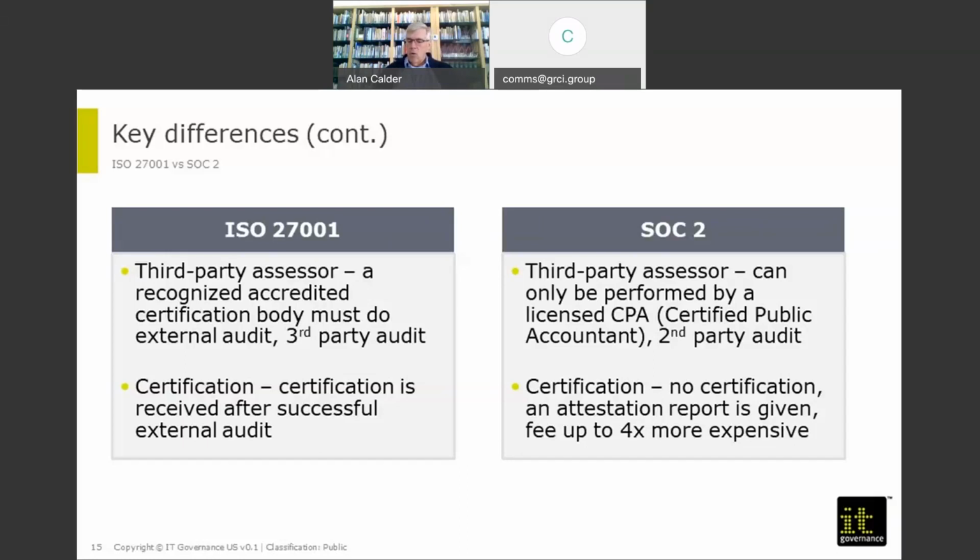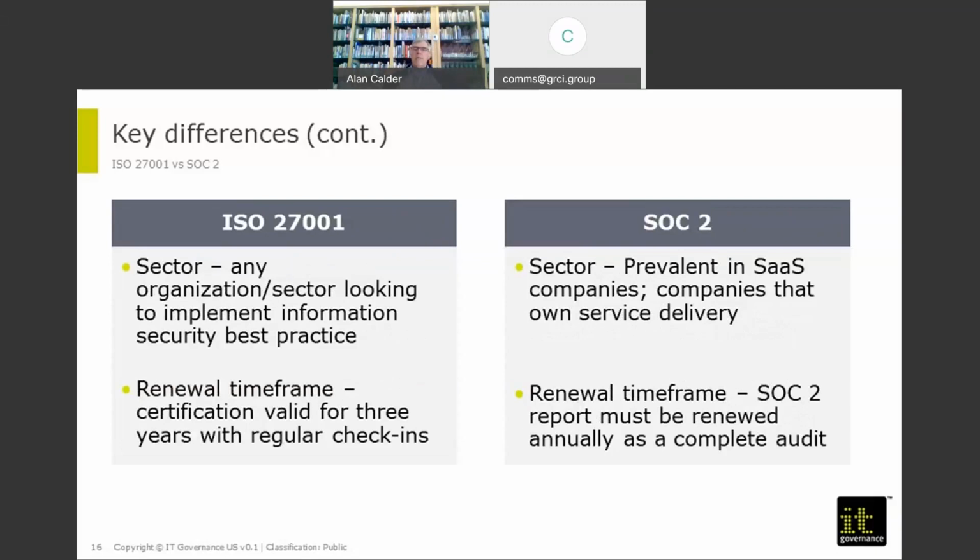With a CPA audit, you tend to be paying CPA fees. With an ISO 27001 audit, you tend to be paying fees for assessors. There tends to be quite a lot more competition around ISO 27001 audit fees. So that tends to play out in terms of how the cost of the audits affects an organization.